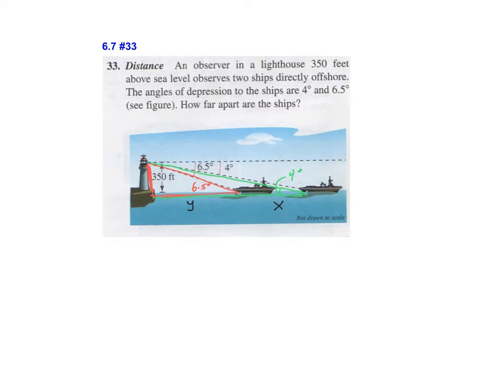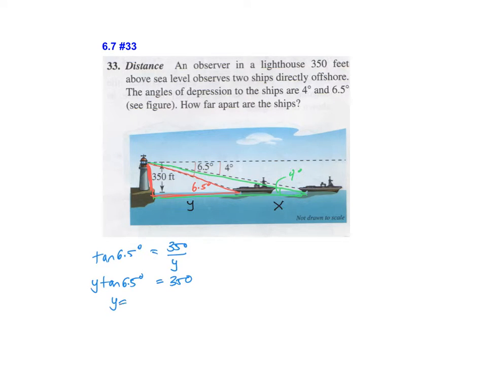So I'm going to set up my trig ratios to make two equations. I'm going to use the red triangle, or the left triangle. I'm going to say tangent of 6.5 degrees is the length of the opposite side, 350, over y. And I can solve this. I'm going to multiply both sides by y. So y tangent 6.5 degrees equals 350.